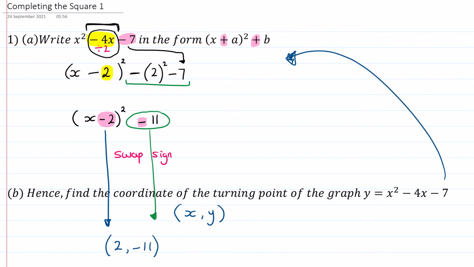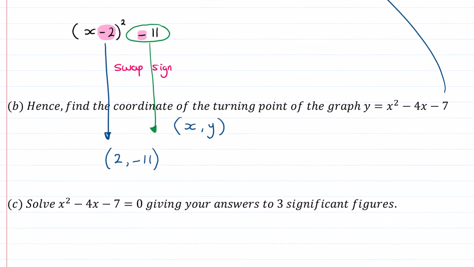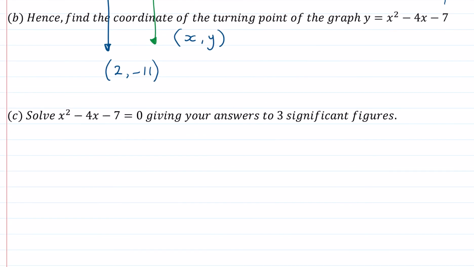The other thing you can do with an expression like this is you can solve it to find the values of x. So I've already completed the square, x minus 2 squared minus 11. That equals 0, and I can solve. The first thing you do is you add the 11 on both sides. So you have x minus 2 squared equals +11.